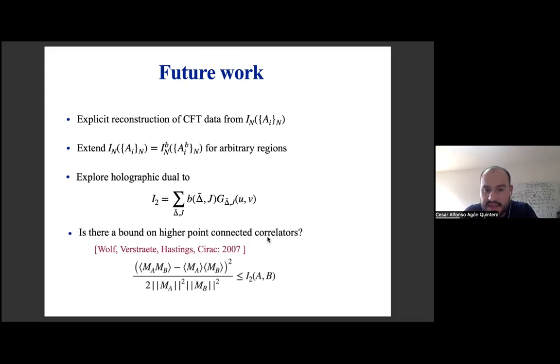And then there remains the question of whether there is some similar bound, maybe not directly with the IN, but maybe with the absolute value of the IN or some particular combinations of INs, similar to the bound that the mutual information presents. The mutual information puts a bound on connected two-point functions, the square of connected two-point functions. So maybe the I3 also puts some kind of bound on the connected three-point functions and so on. Trying to understand this N-partite information might give us additional insight into the theory.